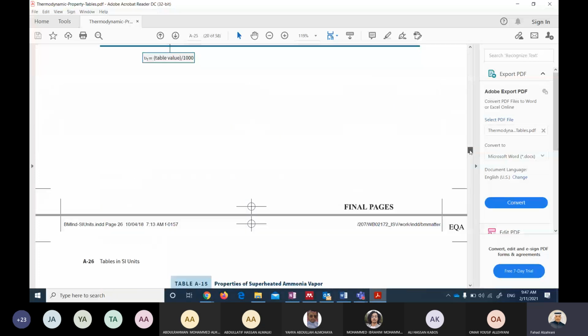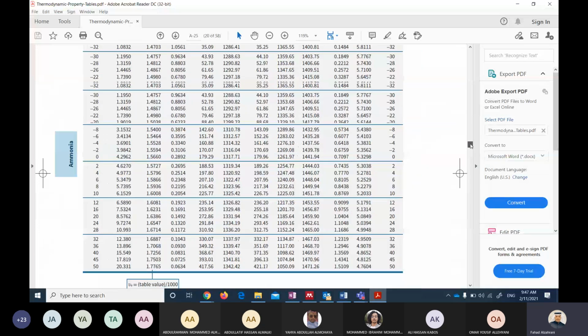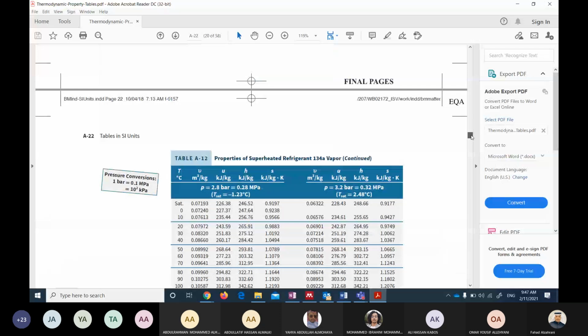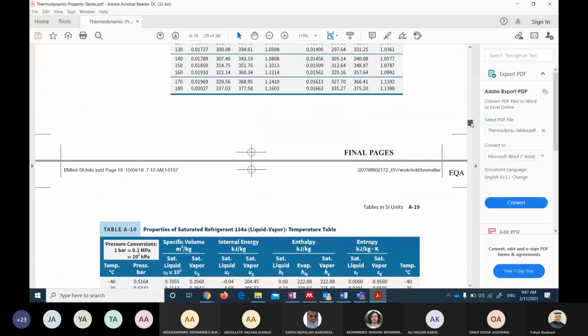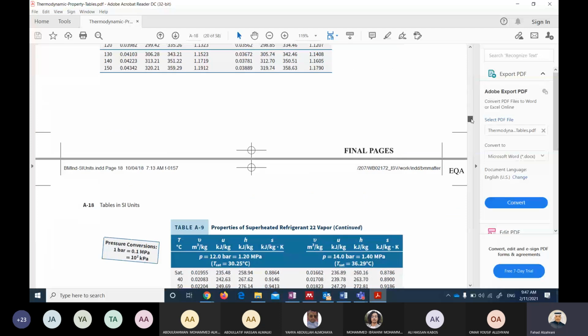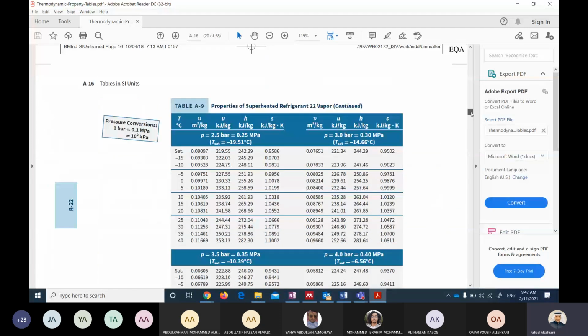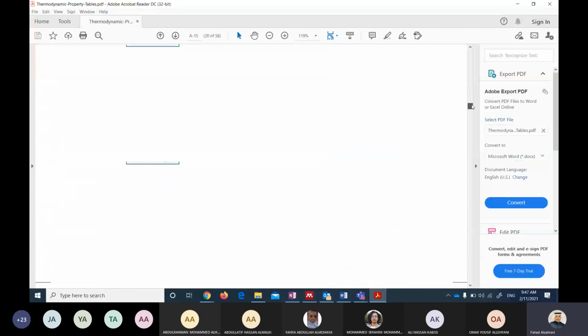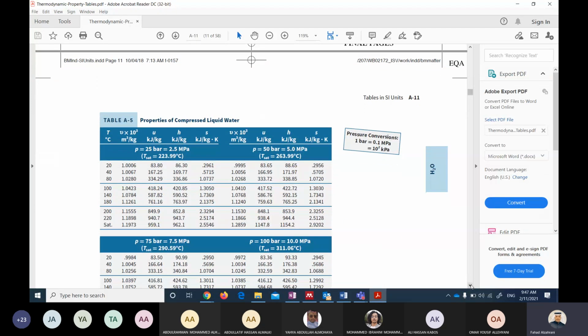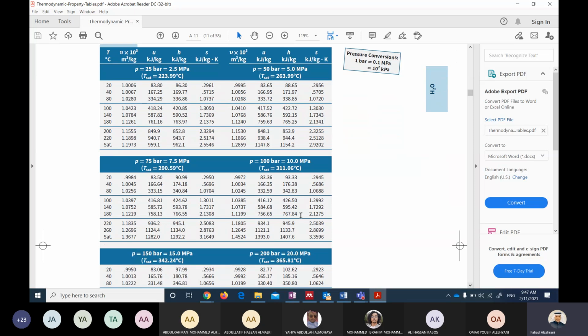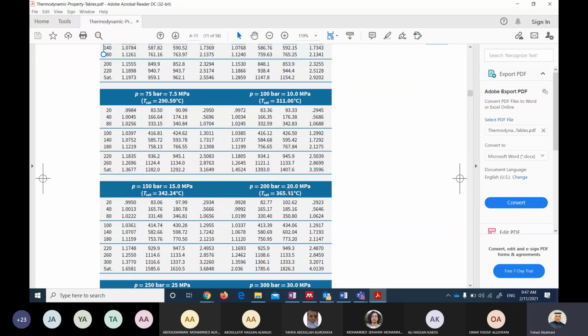Oh, solid ammonia. Let's go before. Alright, compressed. Yes, this is the compressed liquid water. So at 100 degrees, we try to find the right specific volume until we reach 20 megapascal at 100 degrees.